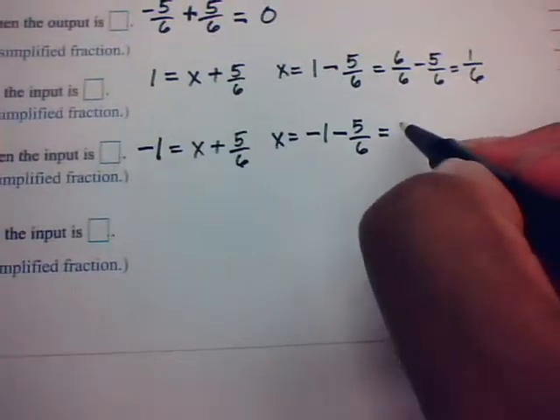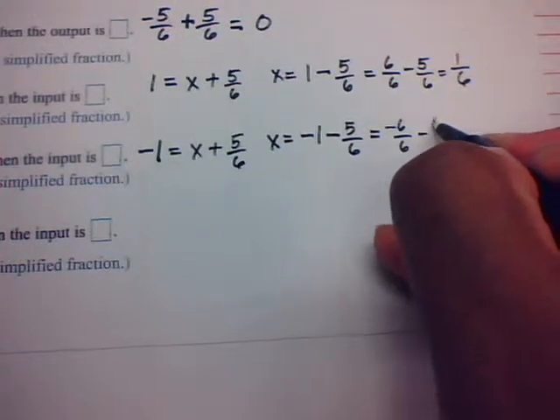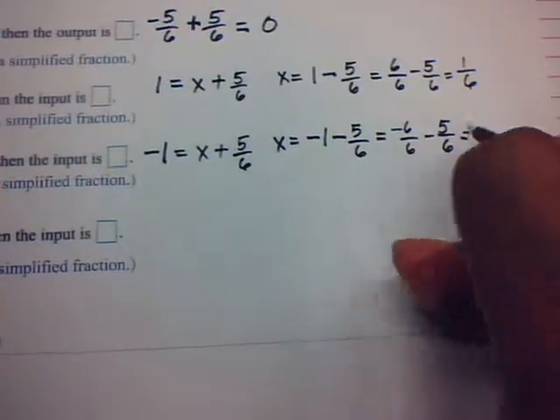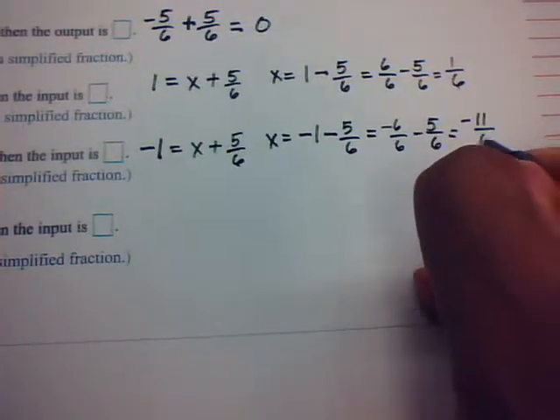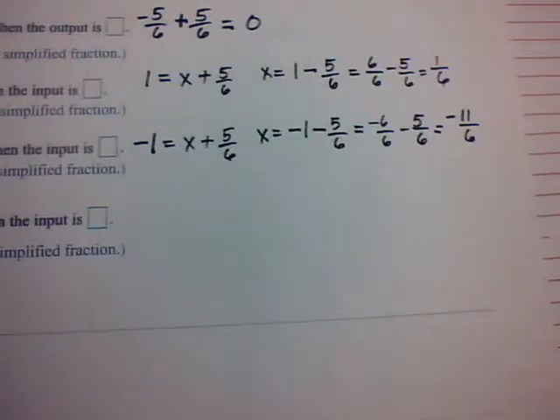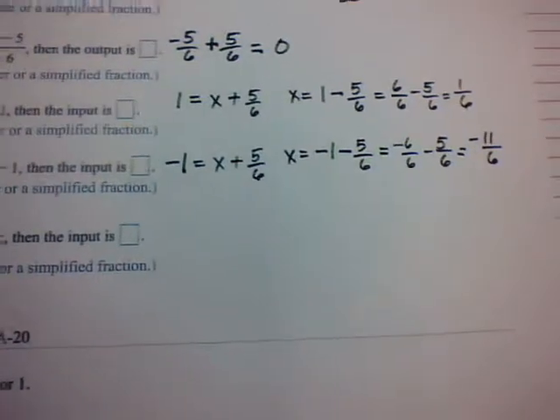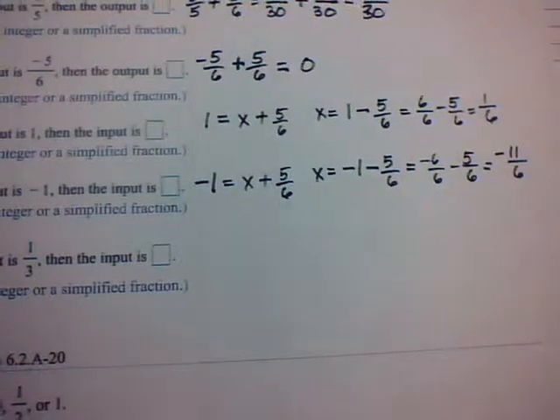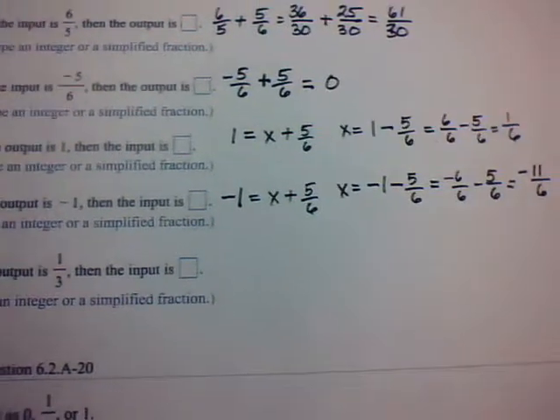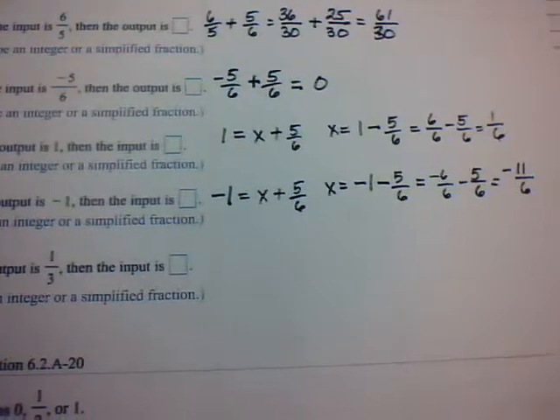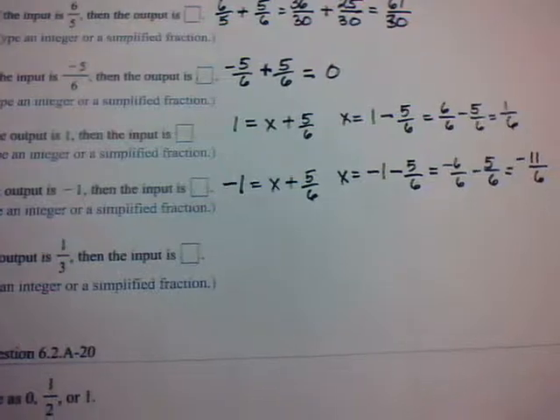Just like 1 whole is 6 over 6, negative 1 would be negative 6 over 6 minus 5/6. Negative 6 minus 5 would be negative 11 over 6. So here, the input would be negative 11 over 6. You can check to see if that makes sense: negative 11/6 plus 5/6 would give you negative 6 over 6, or negative 1.